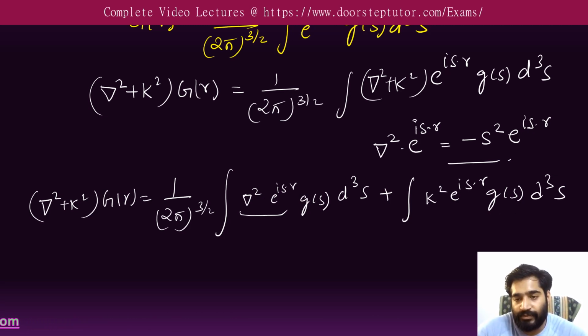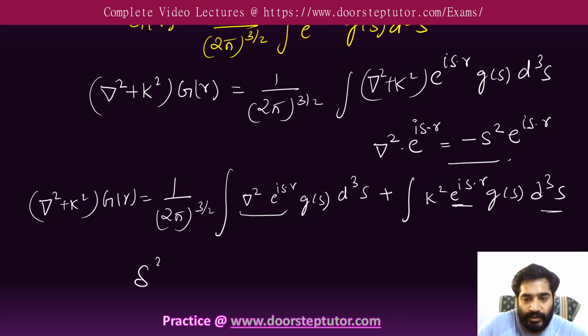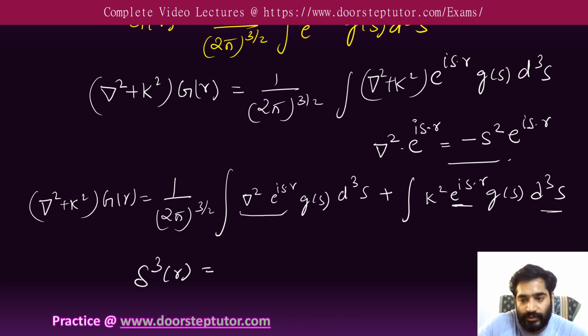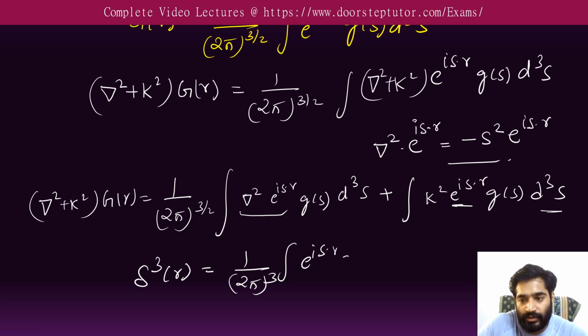Especially if you neglect the g of s part, we are talking about e to the power i s dot r, d3s. This is the Dirac delta function, which is 1 upon 2 pi cubed, integral of e to the power i s dot r, d3s.